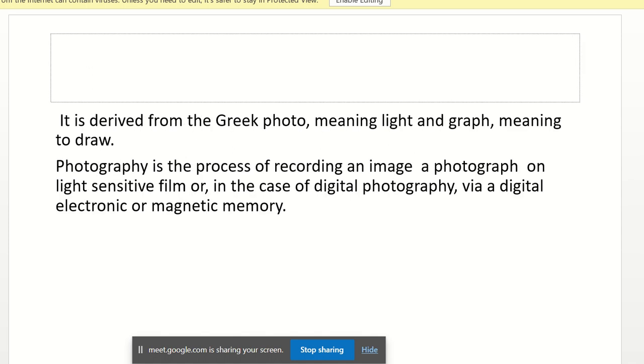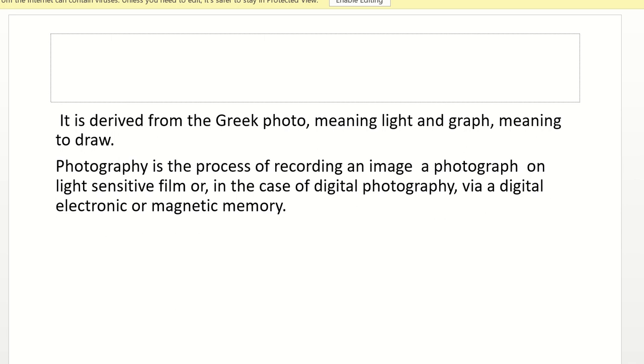So I want to define what is photography. I know you're familiar with it. Photography is the process of recording an image or a photograph on a light sensitive medium or digital photography via electronic or magnetic memory.